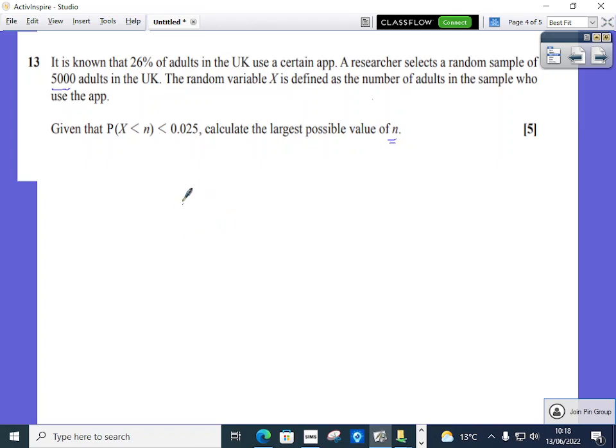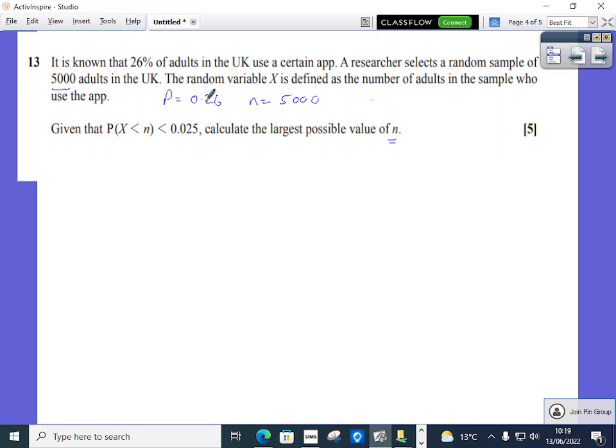Okay, so first of all, you've only got two things in this research. The probability that an adult uses a certain app is 0.26, 26%, and the number of people in the sample is 5,000.